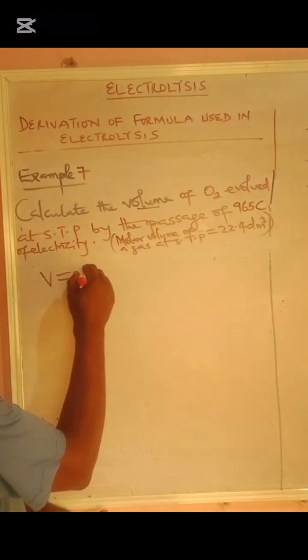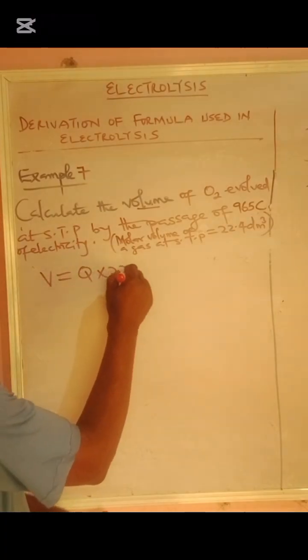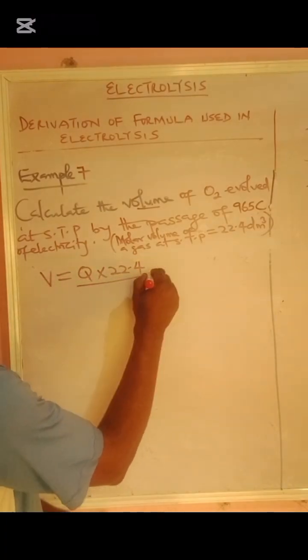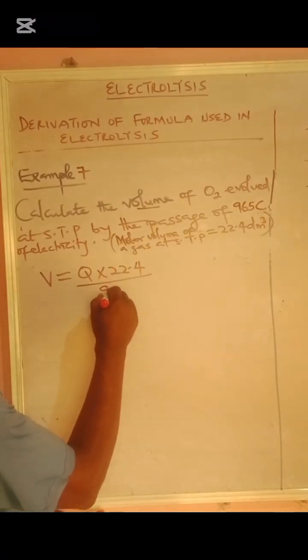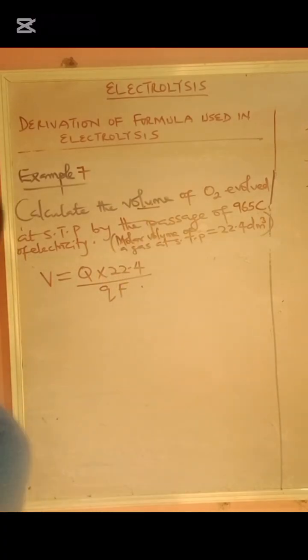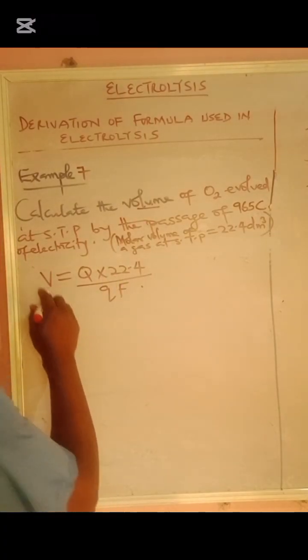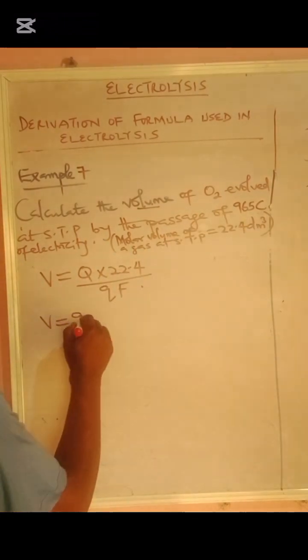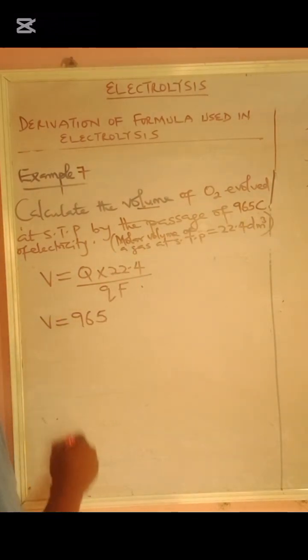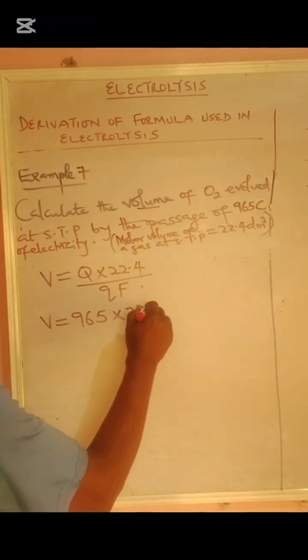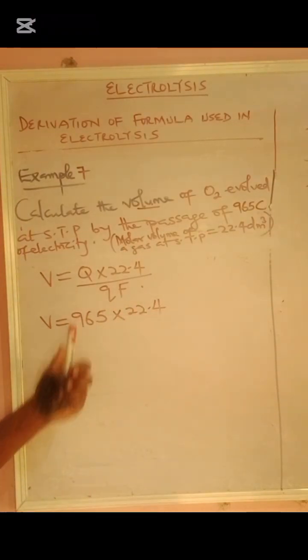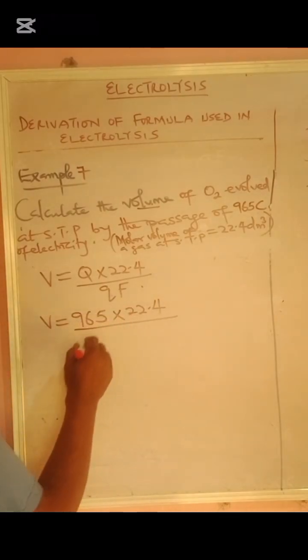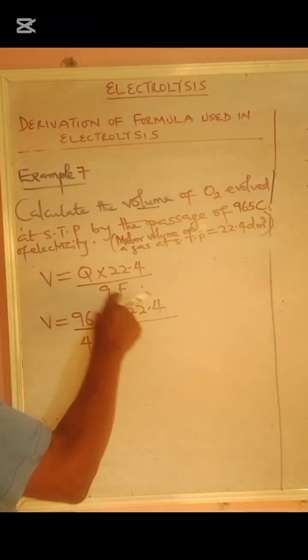V is equal to Q times 22.4 dm cubed, everything divided by nQF. That's the formula. So our Q now is given to be 965, times 22.4. You can see this one is not given in Faraday. So divided by n, which is 4 for oxygen, times Faraday.